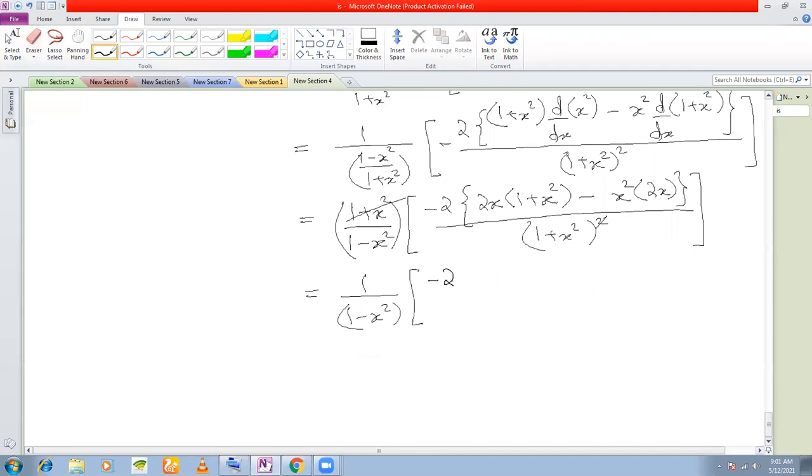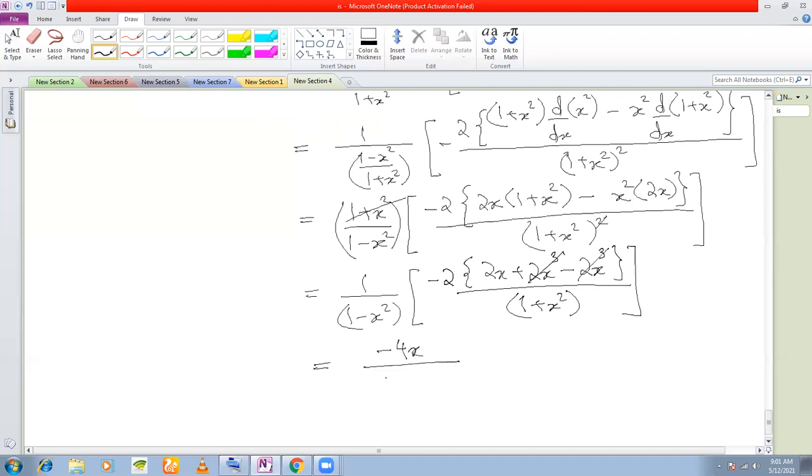Now you multiply this, you get 2x plus 2x cubed minus 2x cubed, divided by 1 plus x square. So now 2x cube is going to cancel here. What am I going to get? I'm simply going to get a minus 4x in the numerator, and 1 plus x square into 1 minus x square in the denominator. What form is this in the denominator? A plus b into a minus b. So I can write this as 1 minus x to the power of 4. And that is your answer.